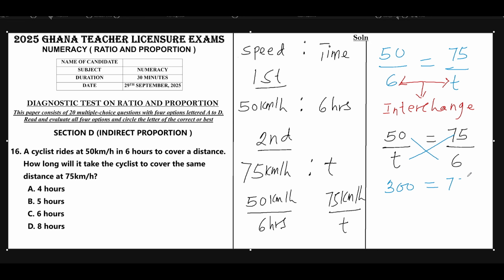We have 75t. Since we are looking for t, we divide both sides by 75. You see that 75 will cancel out. We have t on the right.